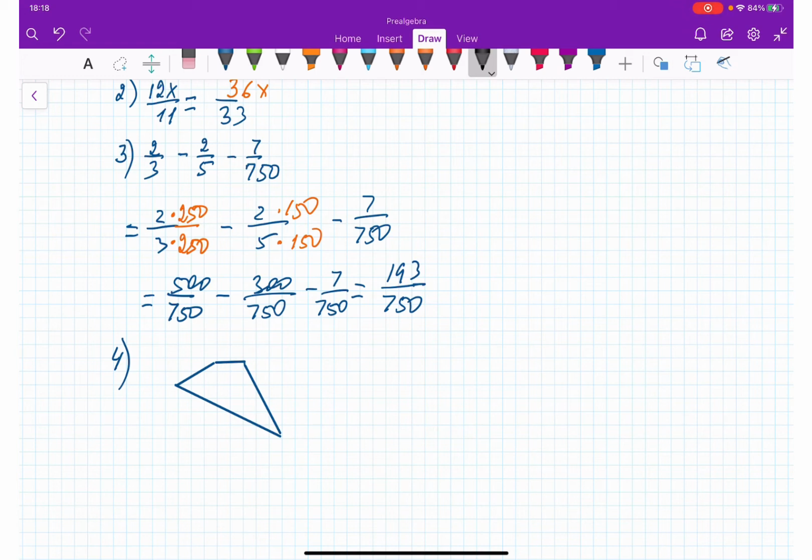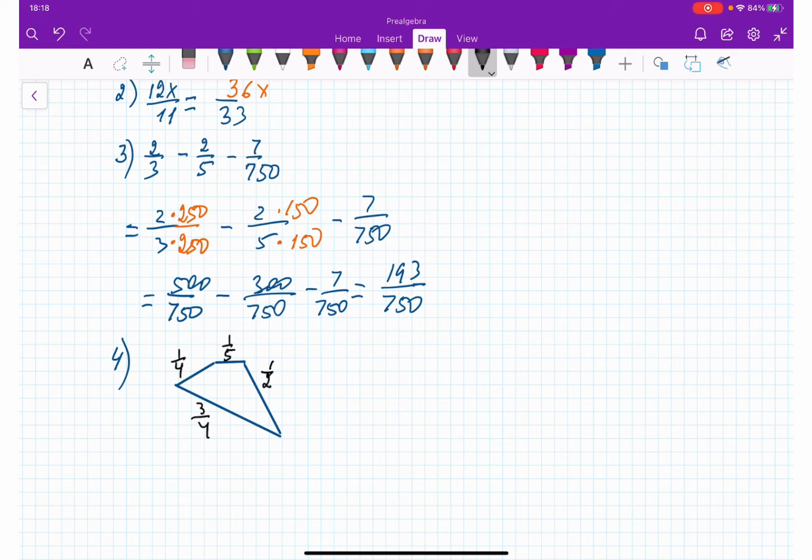This is 1/4 meter. This is 1/5 meter. Here we have 1/2 meter. Here we have 3/4 meter. And this geometrical figure we call a quadrilateral.